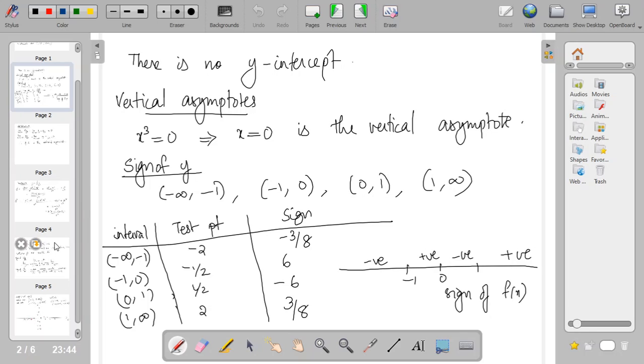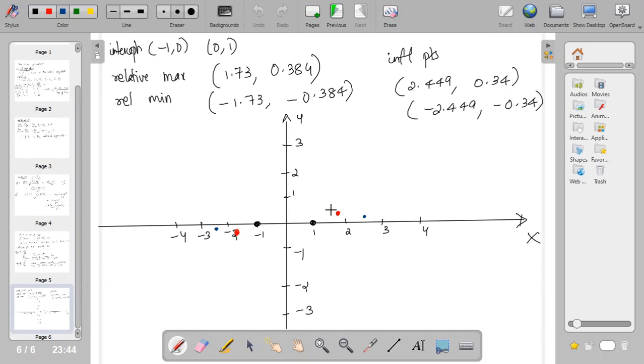And x equal to 0 is a vertical asymptote. So therefore our graph will approach x equal to 0.